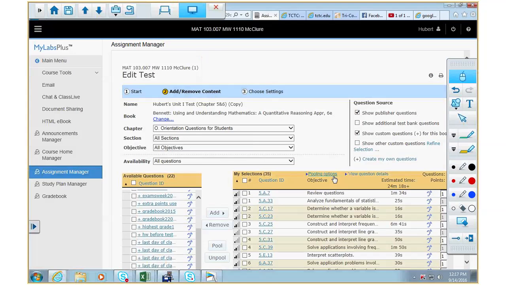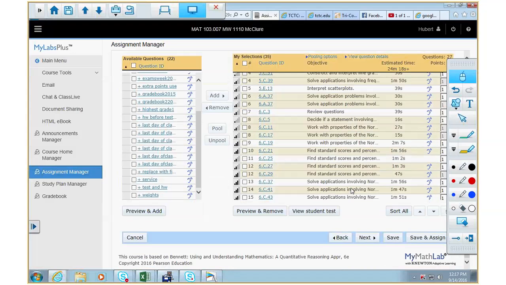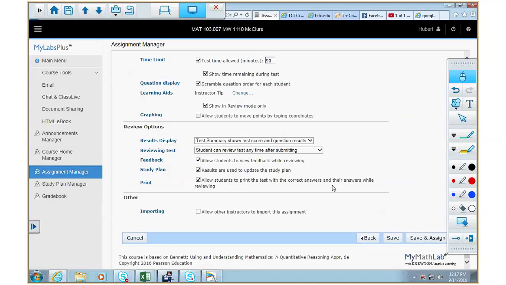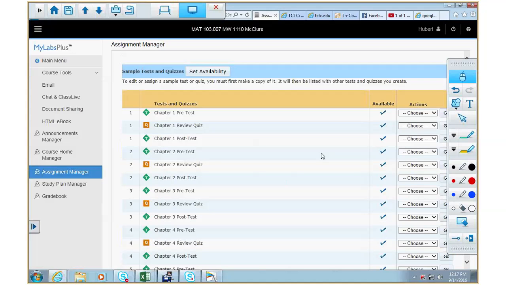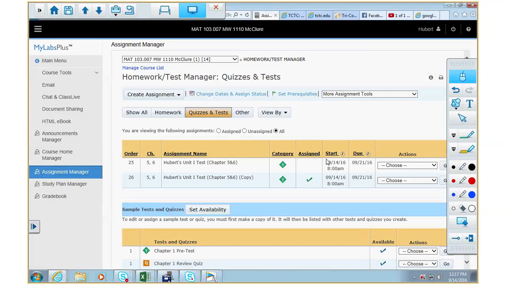I guess not. I guess I took them all off, except for those. Okay, so save and assign. Now when you pull them up, there it is. We'll do a preview.